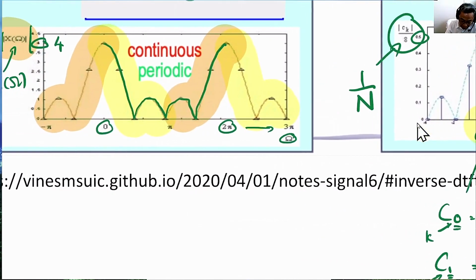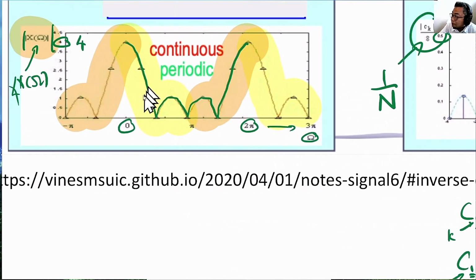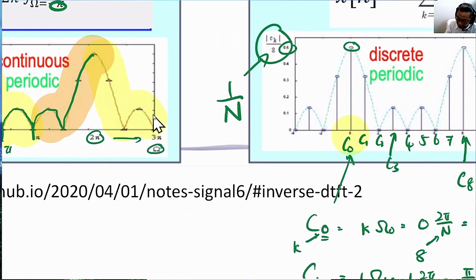Let's go back and look. 0, and here is pi. Here is half pi, and here is 0.25 pi. You look up, this value is exactly the same as this value here.